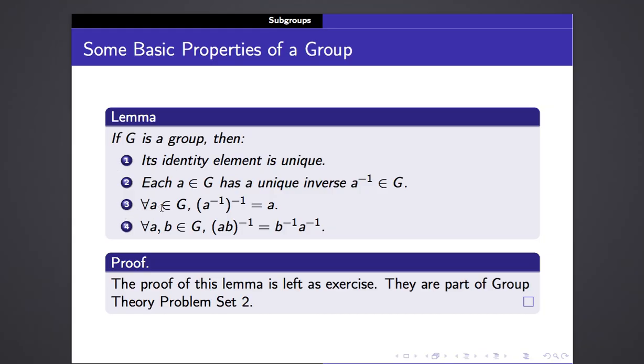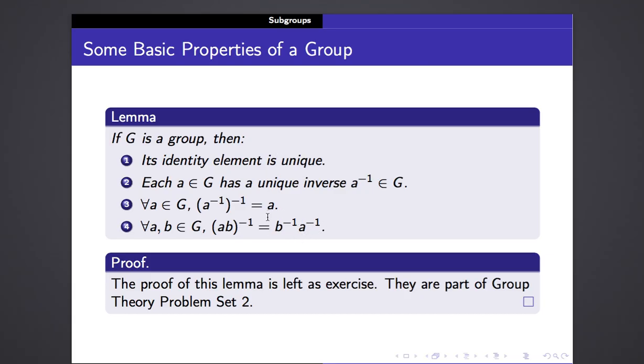For any A in G, the inverse of the inverse element is A itself. And for any A, B in G, (A times B) inverse is the same as B inverse times A inverse.